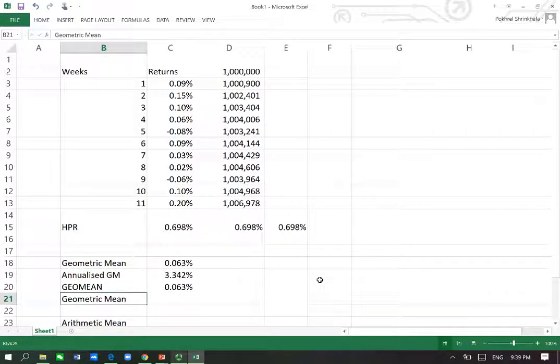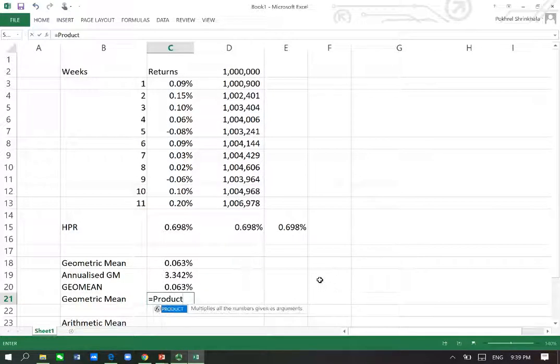So alternatively, to find the same geometric mean, what you could also do is equal product, 1 plus, give the range that 1 plus R1, 1 plus R2, 1 plus R3, all the way to 1 plus R11.